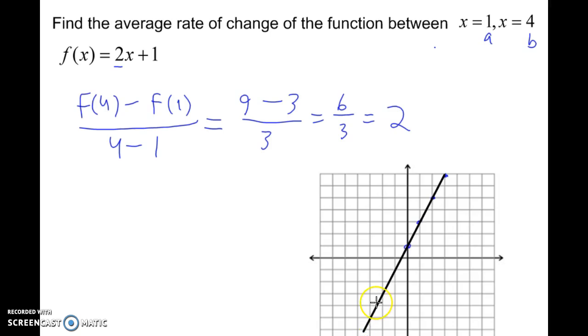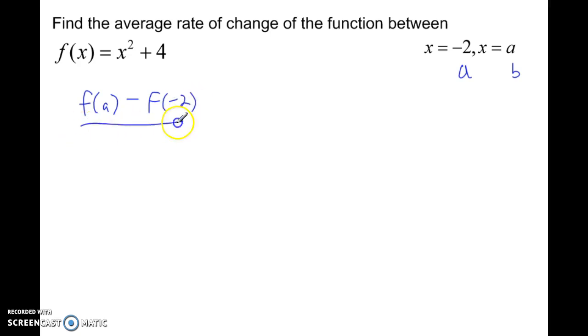So it doesn't matter which interval I pick. In this case, I picked from 1 to 4. The slope is 2. If I picked negative 2 to 1, the slope would be 2. The slope of everything on that line, it's linear. So that'd be kind of a silly one. I can almost just go, oh, the slope is 2. Usually we're taking graphs that have some curve to them and finding the average rate of change, but we could do a linear graph and it still works.